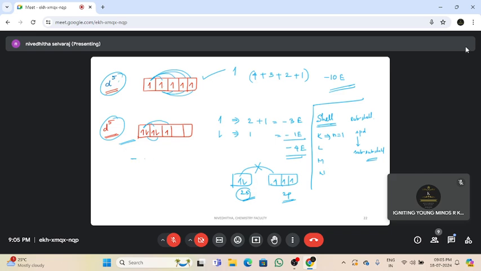So inside each shell there will be subshells, and inside each subshell there will be orbitals. Subshell and orbital are not the same. They are two different terms.